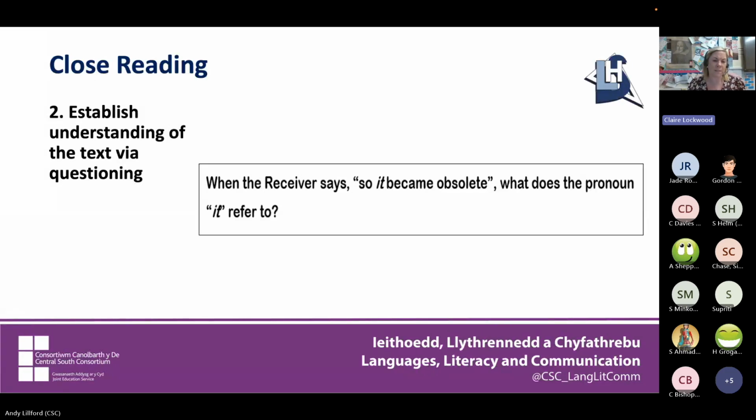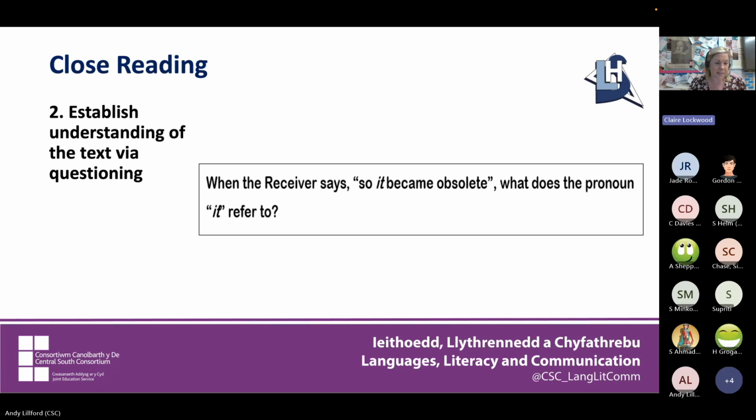The Receiver says, "So it became obsolete," and the students have to write down what the pronoun "it" refers to. That might be an oral response, but more likely a mini whiteboard activity so that we can check the understanding of all students, and hopefully support anybody who's not understanding, because if they don't understand that, then they probably can't go on to understand any more of the text.